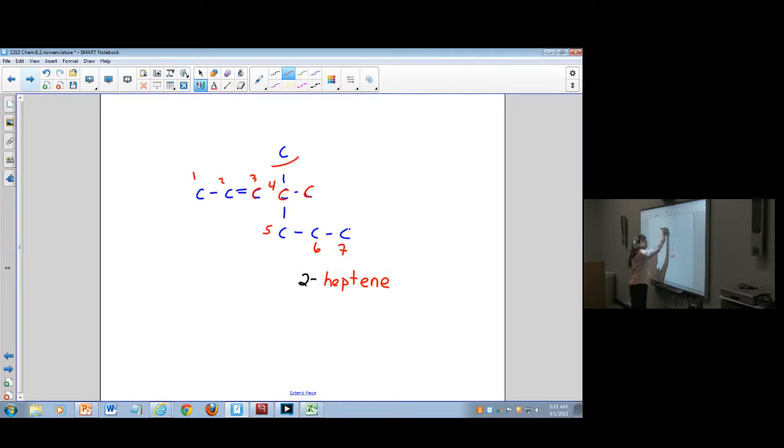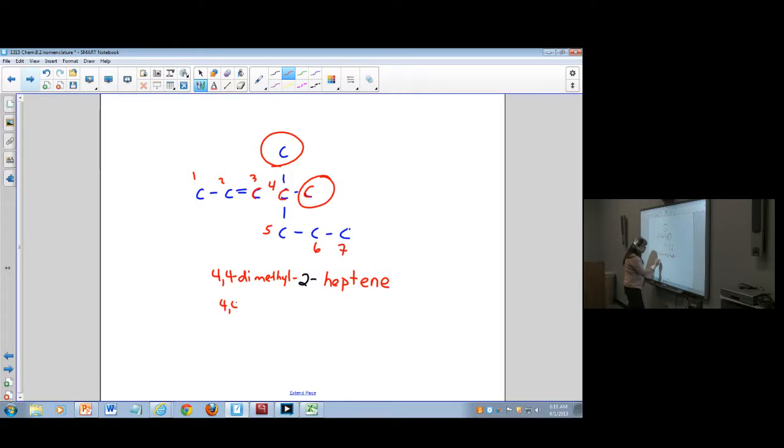So I have a substituent here with 1 carbon and a substituent here with another carbon. And so I'd call this 4,4-dimethyl, indicating there's 2 methyl groups, 2-heptene, indicating that the double bond is on the second carbon.